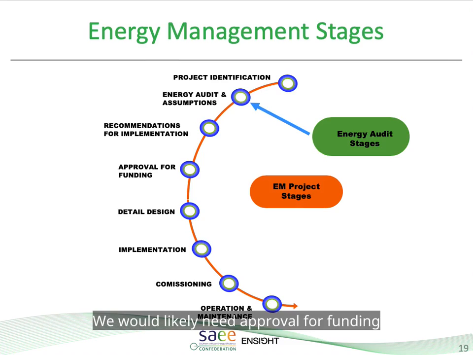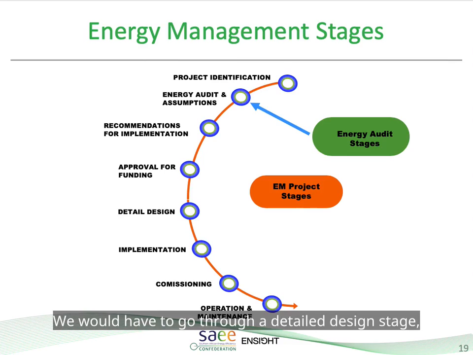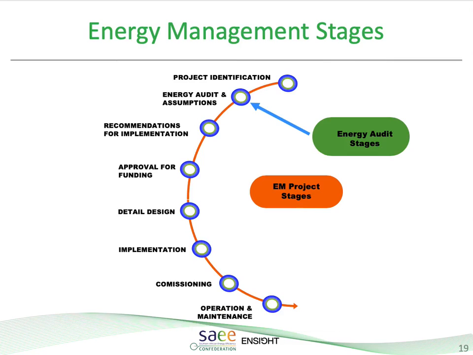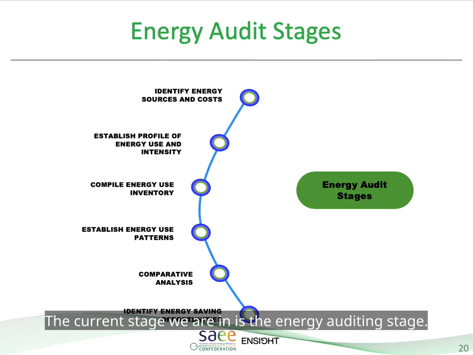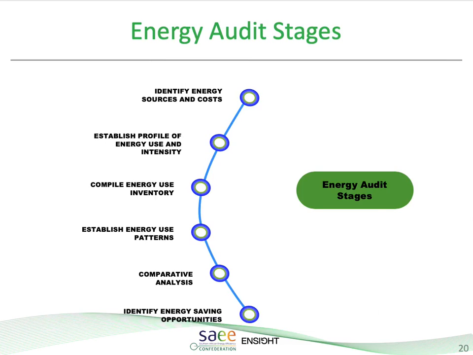We will likely need approval for funding if capital is involved. We would have to go through a detailed design stage, implementation stage, commissioning stage, and operation and maintenance. The current stage we are in is the energy auditing stage, and this is its subsequent phases as well.